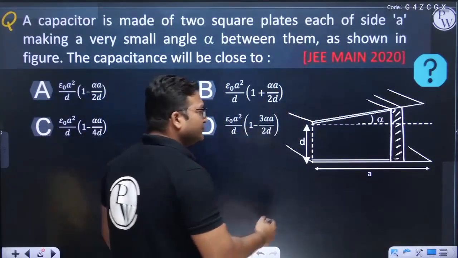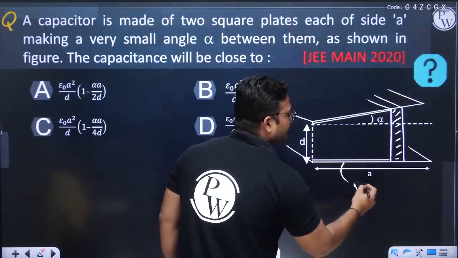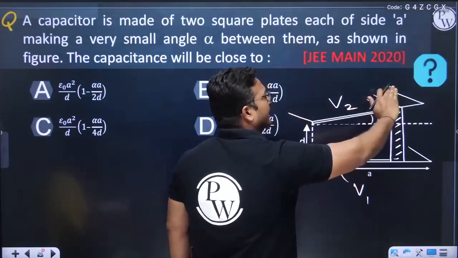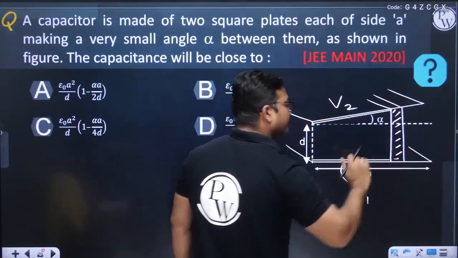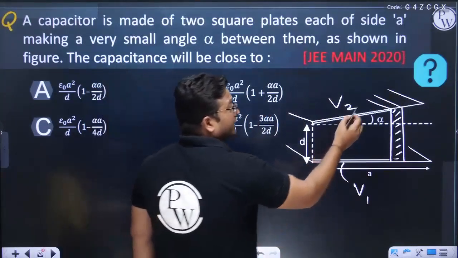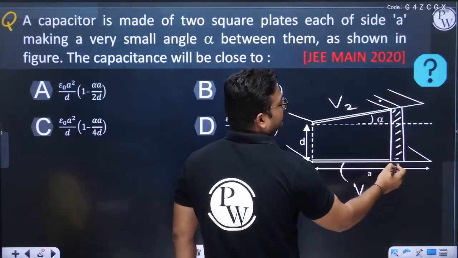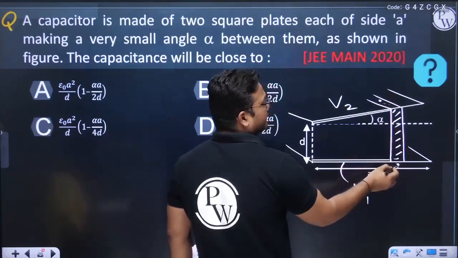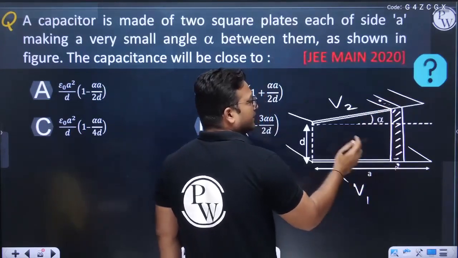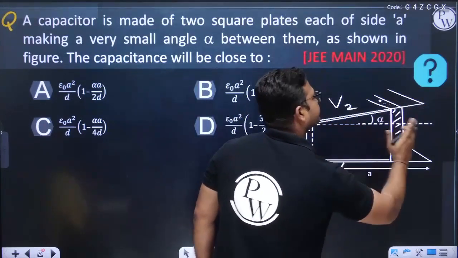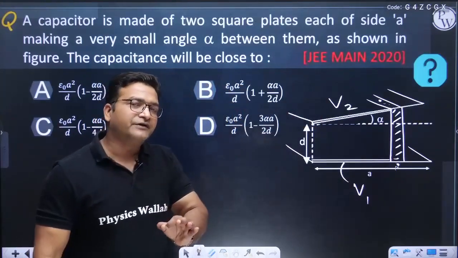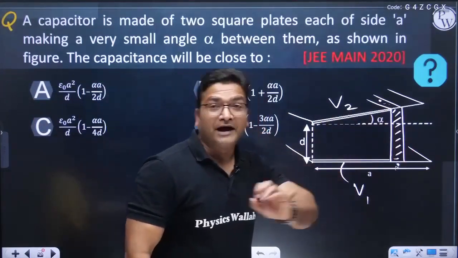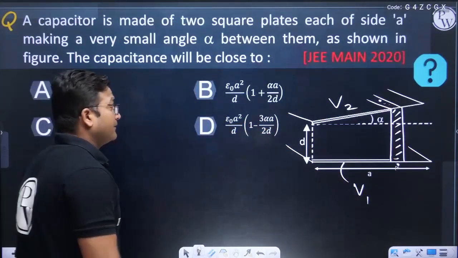Assume the potential of this plate is V1 and the potential of this plate is V2; the entire upper plate will be at potential V2, the entire lower plate at potential V1. So across any elemental capacitance we have potential difference V2 minus V1. So all the elements are in parallel.